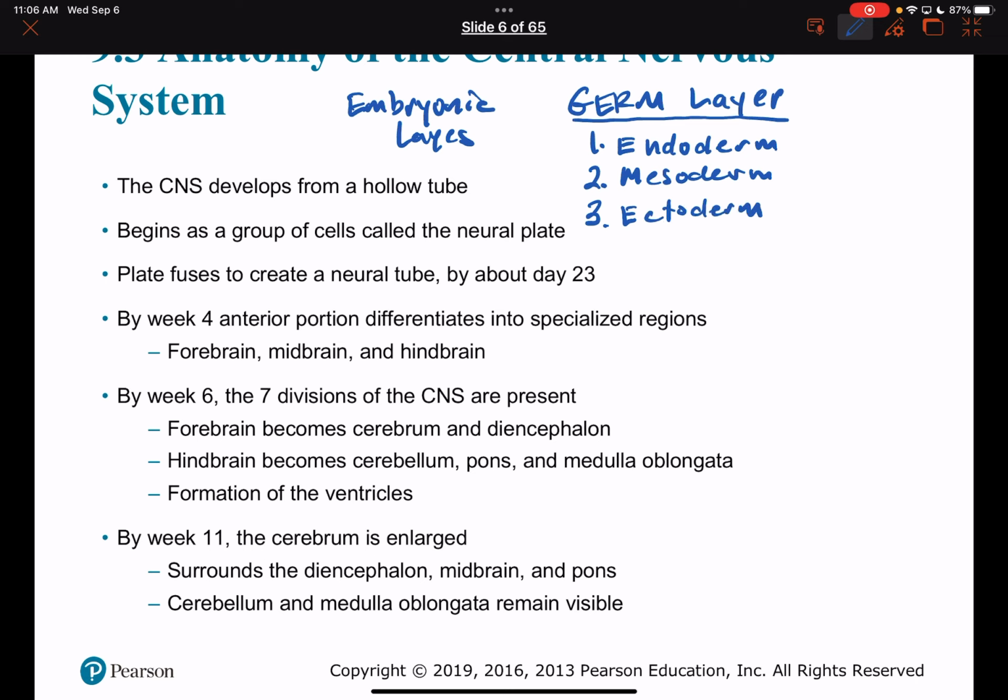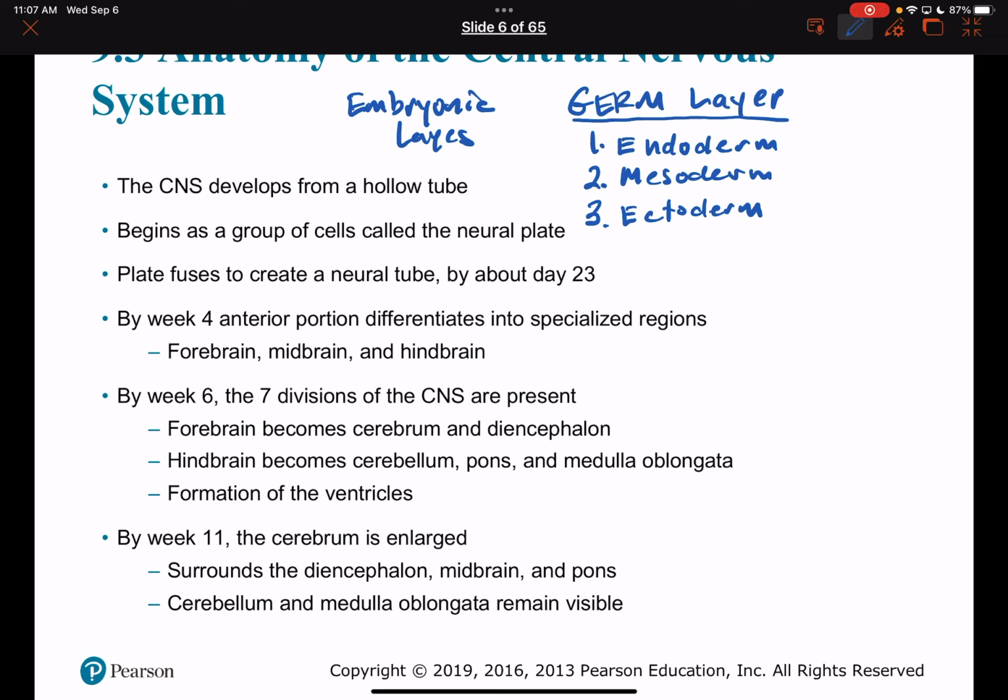Okay. So as the human fetus starts to develop, there are three main layers called our germ layers: endoderm, mesoderm, ectoderm, that through the process of growing turn into our different physiological systems. Now, I didn't mention this in the endocrine system because the endocrine system evolves from all three.